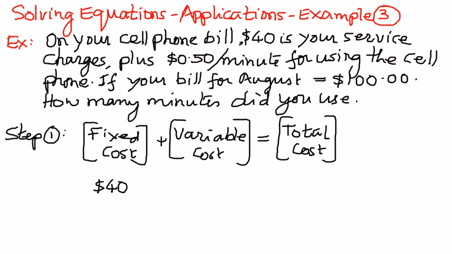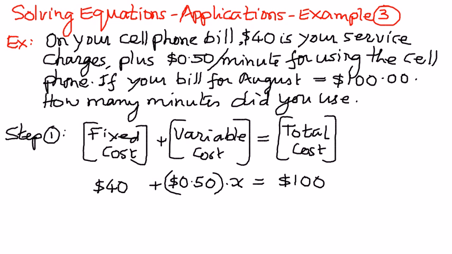That is the service charge. And the variable costs are going to be 50 cents per minute. Since we want to figure out the number of minutes we use, let X be the number of minutes we use. So that is the variable cost. And the total bill for the month of August we have received is equal to $100.